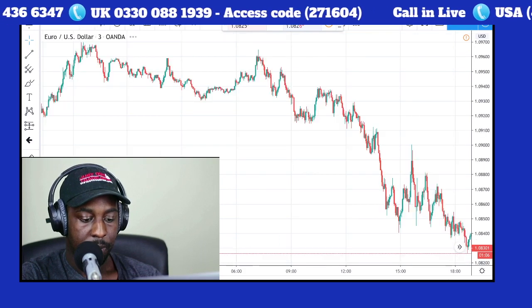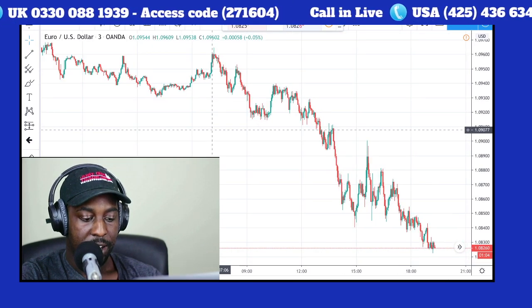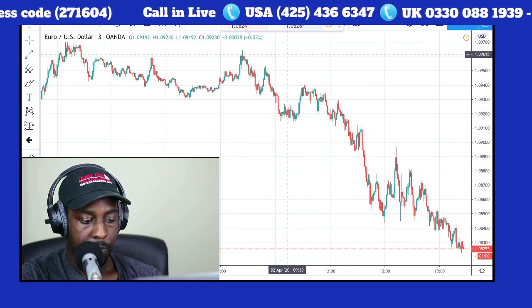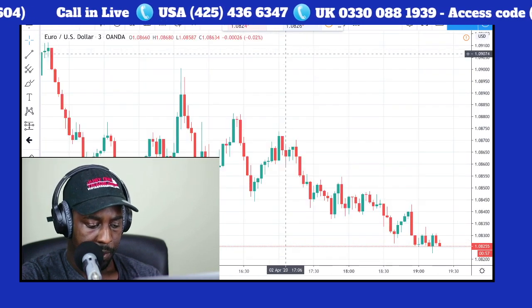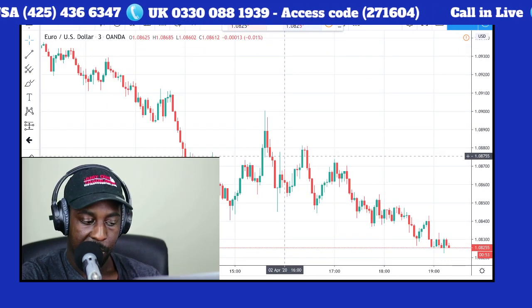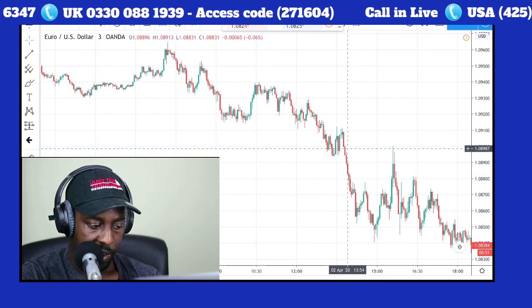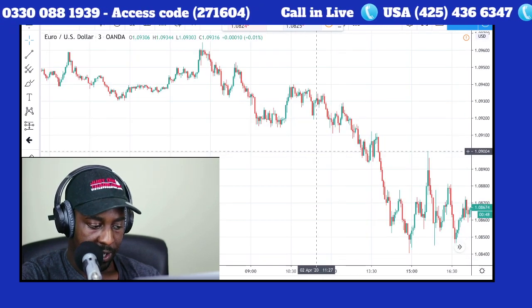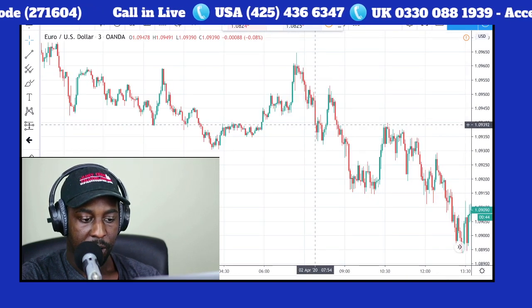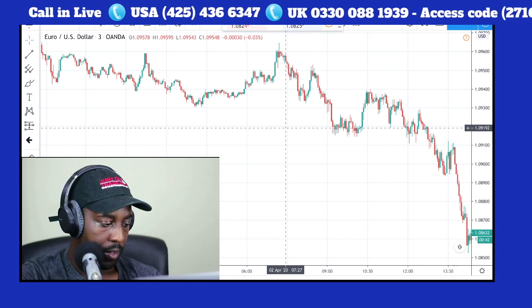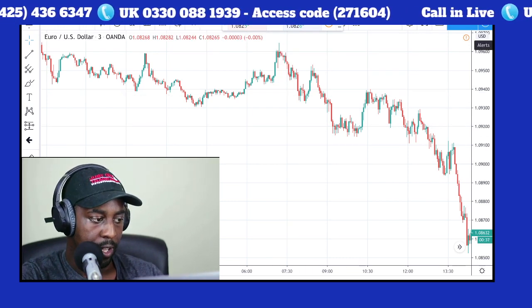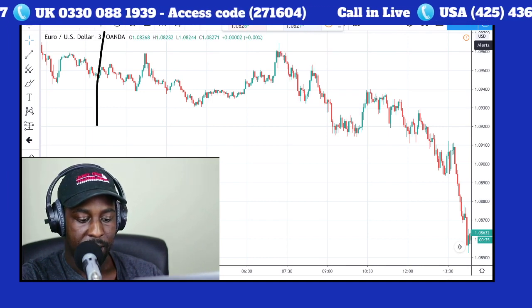Let's see what price is doing now, in real time. So look at today so far. Let's zoom out a little bit. From this morning, this is what price has been doing, pretty much from here to where price is right now.